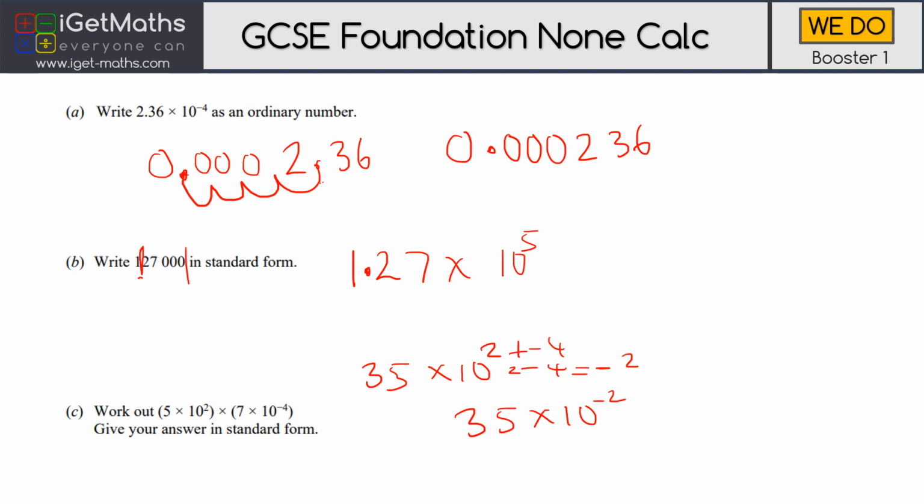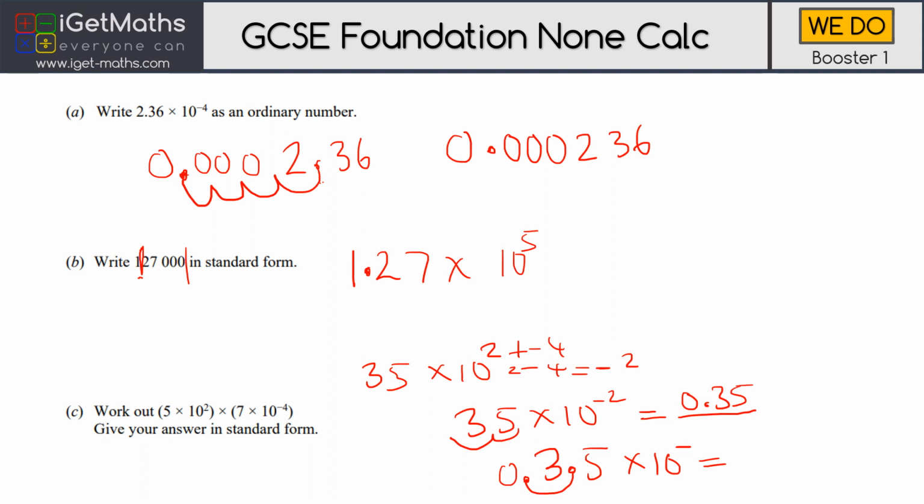Now you've got 35 times 10 to the minus 2, and if we put this out, that's going to go back once, twice, so this answer would actually give you 0.35. However, 35 is not in standard form, so we would put 3.5 times 10 to the negative, and just be careful here, we need to readjust this, because if we want to get to this final answer, 0.35 from here, we only need to jump back once now, and that would give us 0.35.